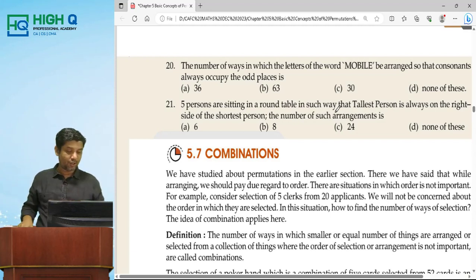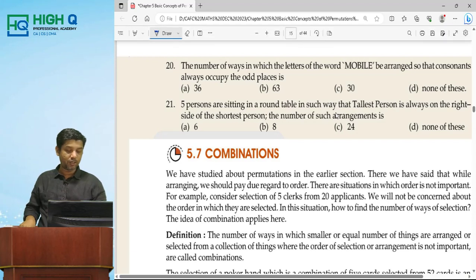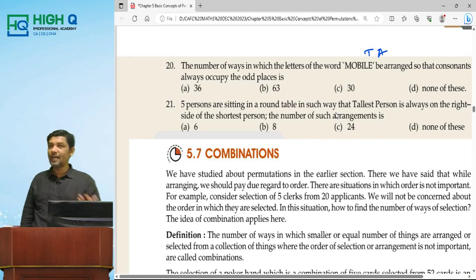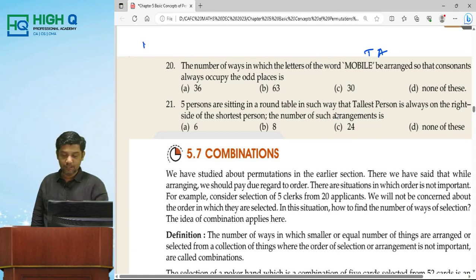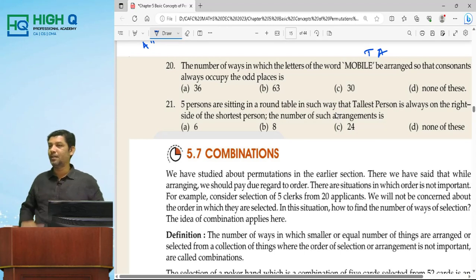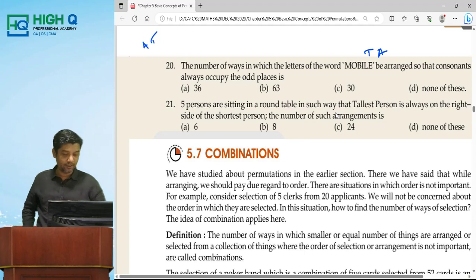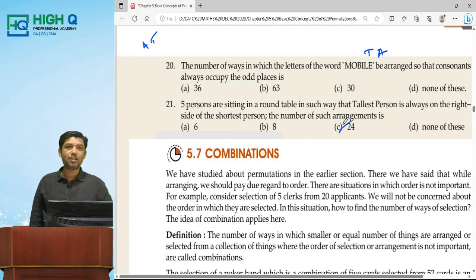If you do 2 factorial, the other arrangement is also counted, but it is not possible, since the tallest is always on the right side of the shortest. So there is only one way of arrangement. Now 1 into 4 factorial. So what is your answer, my dear? 24. You understand this or not?